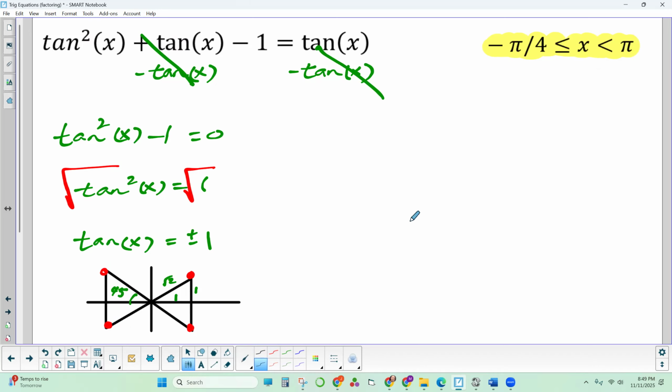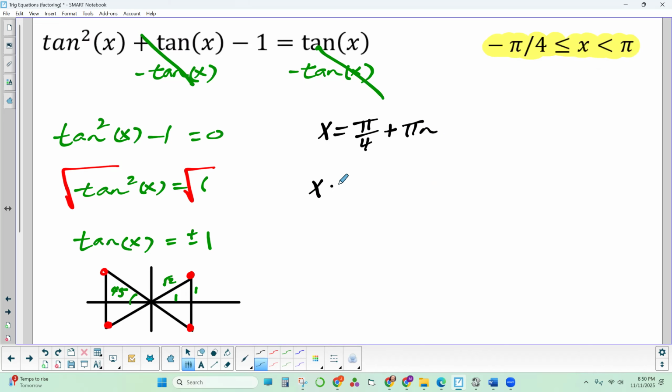Okay, so let's go ahead and write down our principal angles here. X equals pi over 4 plus a period of tangent, which is pi, remember, n. Remember, n is any integer, so negative, positive, or 0, which accounts for adding or subtracting a period.